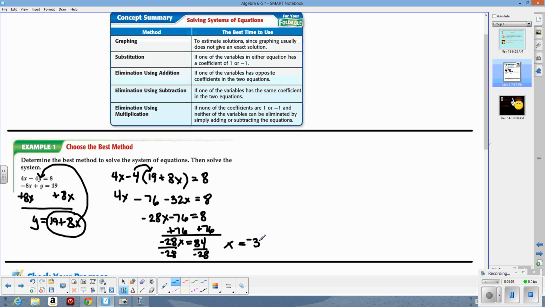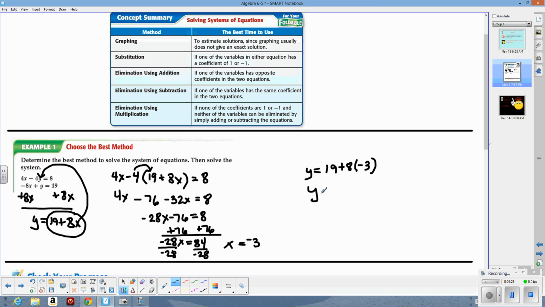Now let's go ahead and plug that back into one of these equations. I'm going to go ahead and plug it in right here, but I'm actually going to use my rearranged equation. y is equal to 19 plus 8 times -3. I replaced x with -3.